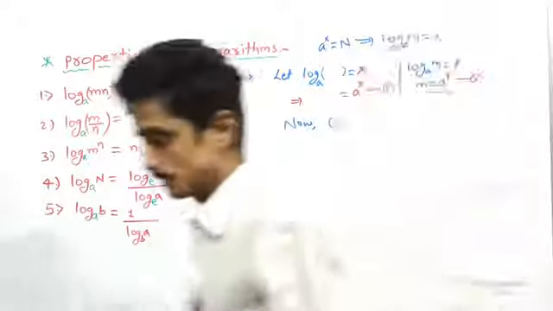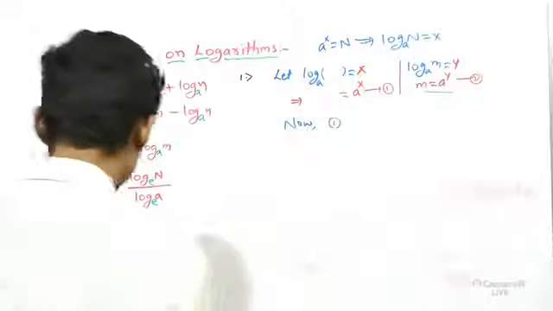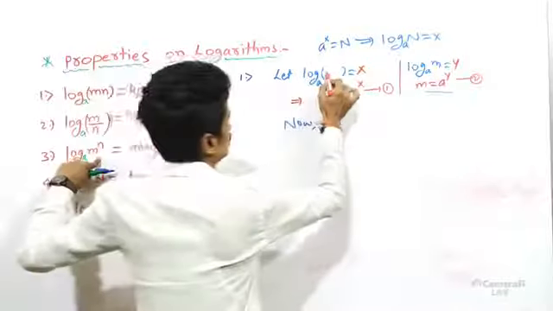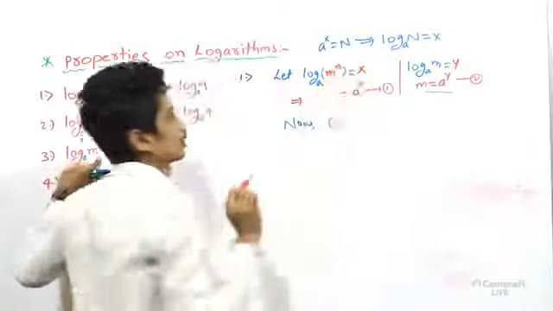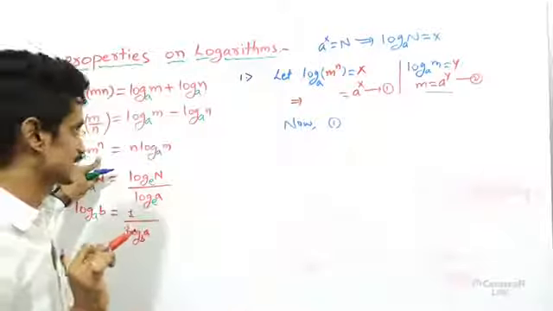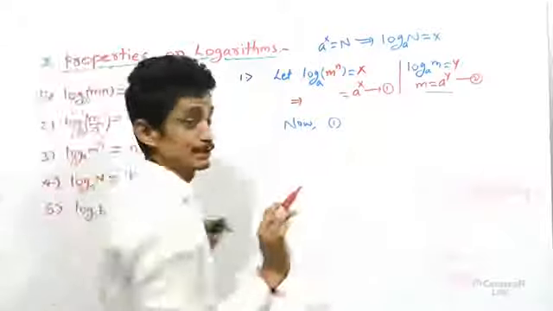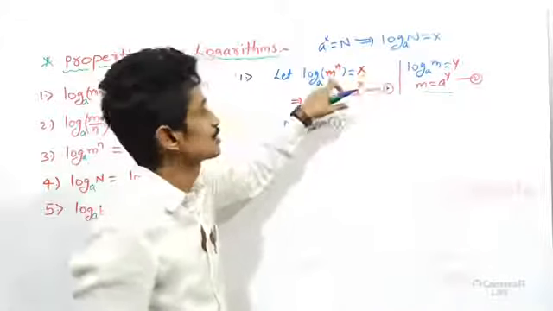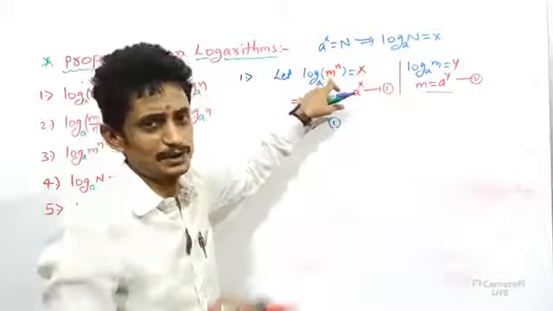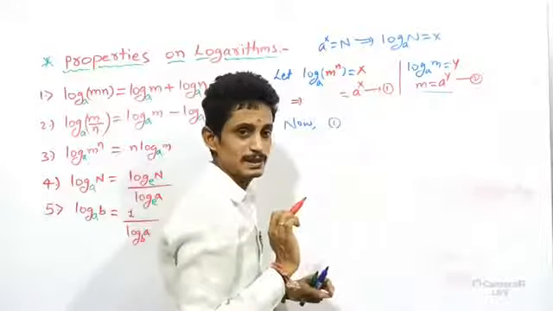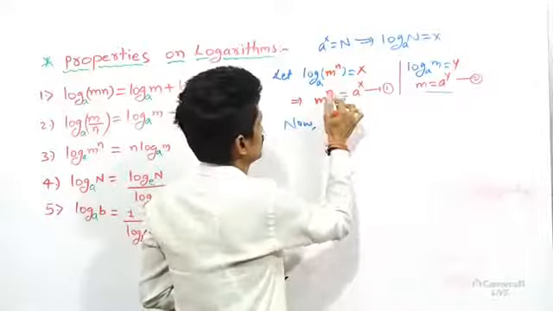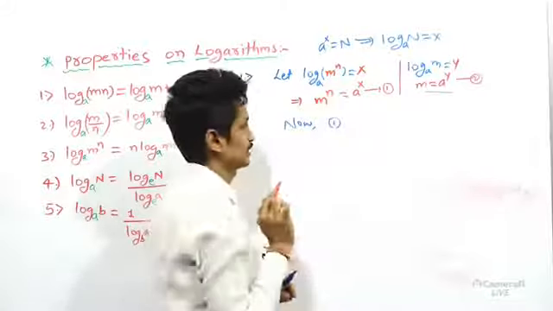That LHS part will be how much? Look, log of m power n. I will write the complete LHS part, log of m power n to the base a is equal to how much? I don't know. For what power of a should we get m power n? I don't know. That's why I simply took x. Now what remains on the LHS side? m power n. Clear? Yes.